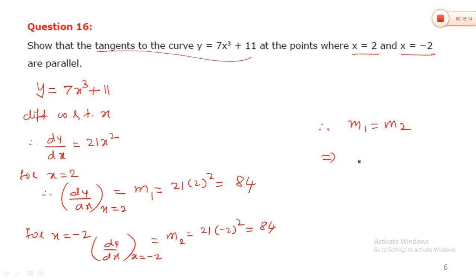So this implies the tangents at x equal to 2 and x equal to minus 2 are parallel. So this is a simple case. This much is sufficient.